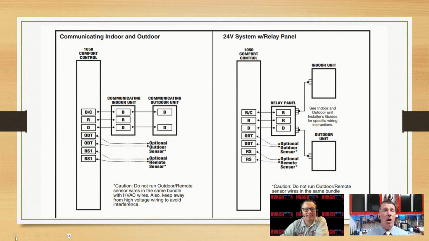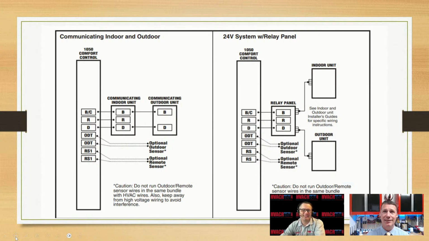So when we start talking about communicating ductless systems, we're going to be talking about piggybacking AC and DC voltages on a single wire. It's a ghost voltage. And that's actually what we're seeing here. We are seeing 2 24-volt AC connections and 2 DC connections.